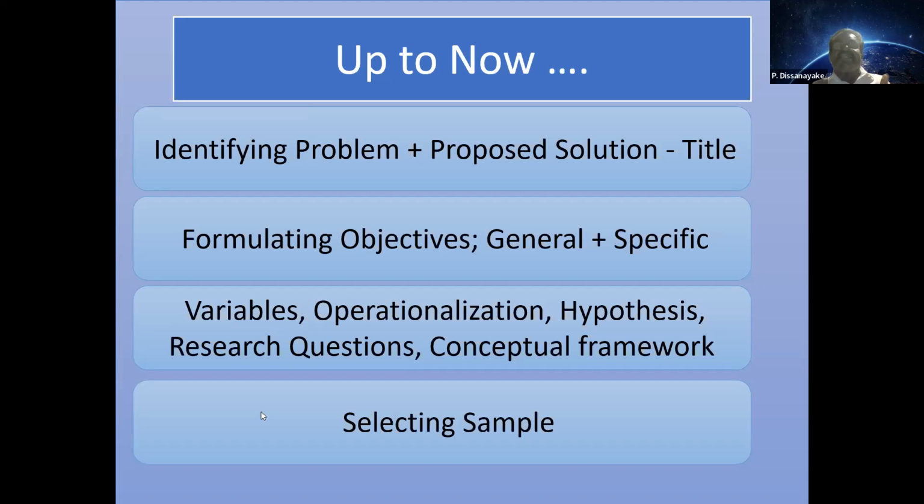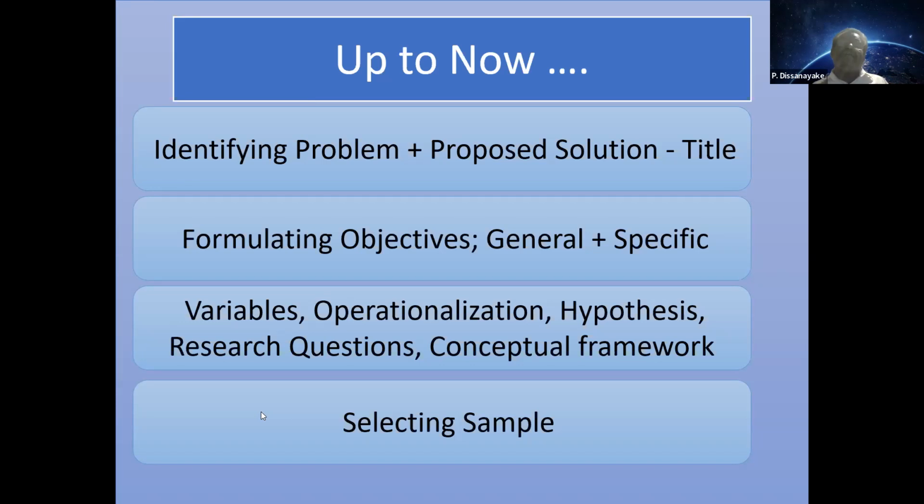When these things are done, next step, you select your sample. We discussed how you deal with the process of selecting the sample. After you select the sample, do not always think that my students are my sample. There are various other ways to investigate the phenomenon.